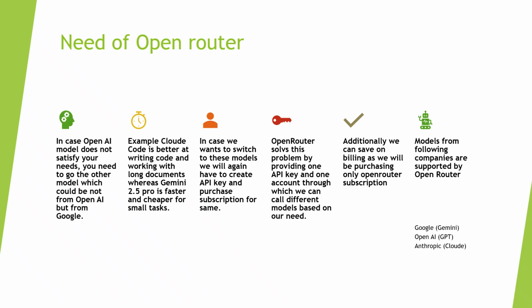That is another benefit. As we saw in case of OpenAI, we need to create that first key, store it somewhere in the environment, and then use that key to call the OpenAI LLM. In case of OpenRouter, we just create that one key, one account, and we may call Gemini 2.5, which is of Google, or based on our need, we can call GPT-5, which is of OpenAI.